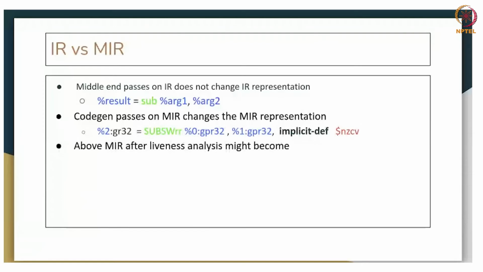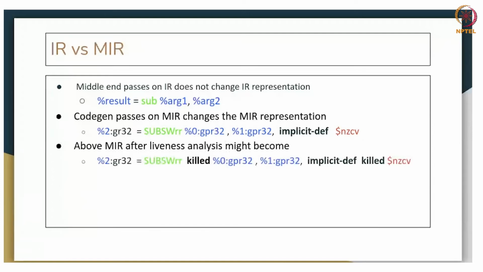Maybe MIR after liveness analysis might have metadata being added. It's possible to add metadata even in LLVM IR, but generally we don't do it unless it is very essential.